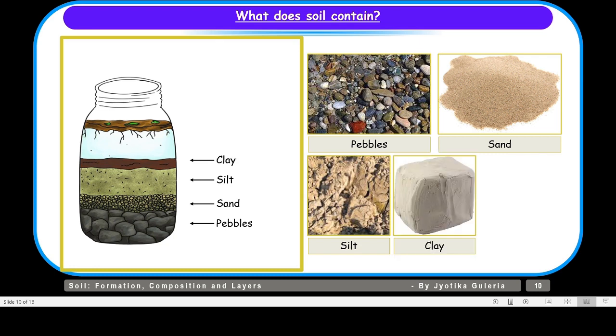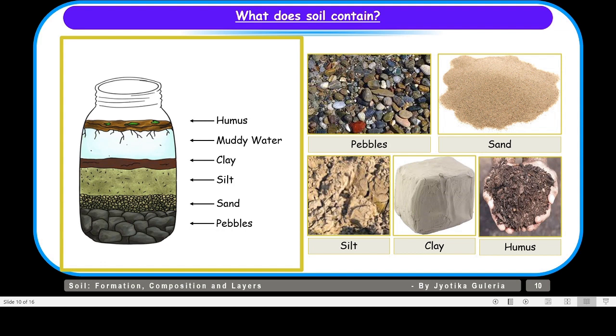And then we have some dissolved soil particles in water which will form a layer of muddy water. And then you can see the layer of twigs, grass, roots floating on the surface of muddy water which forms the humus. You should know that soil contains water and air as well.